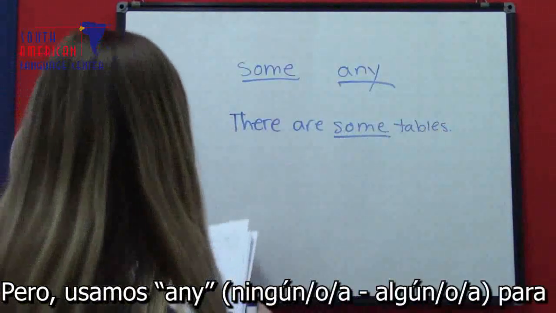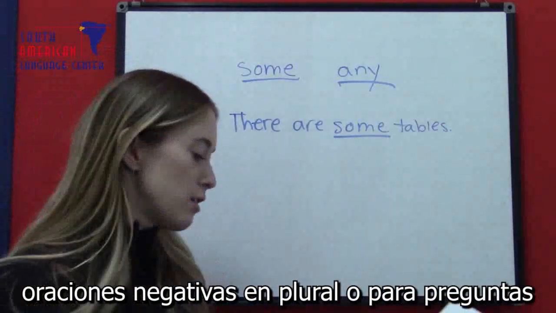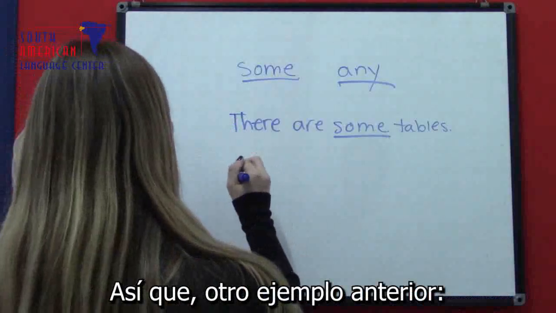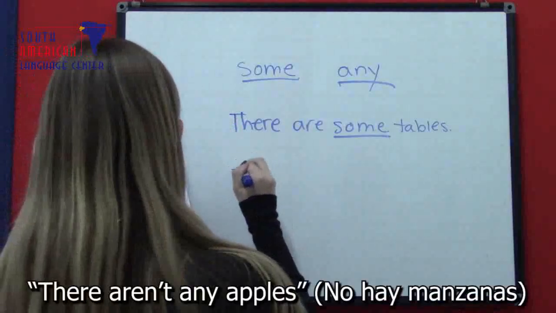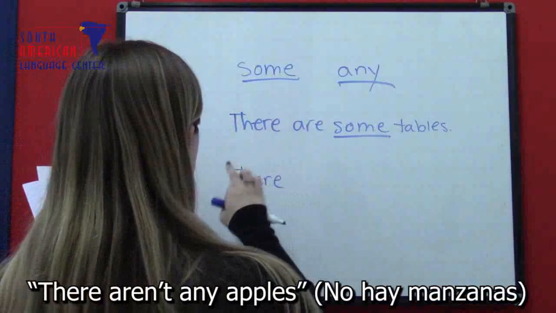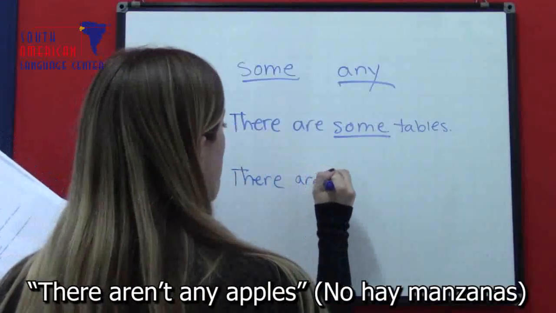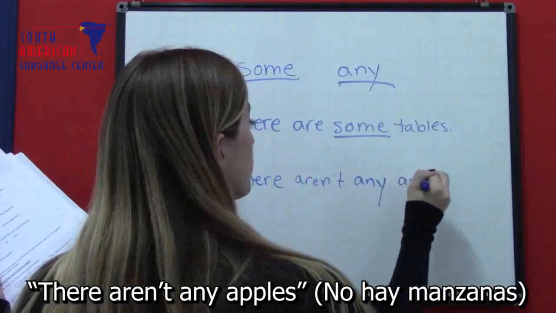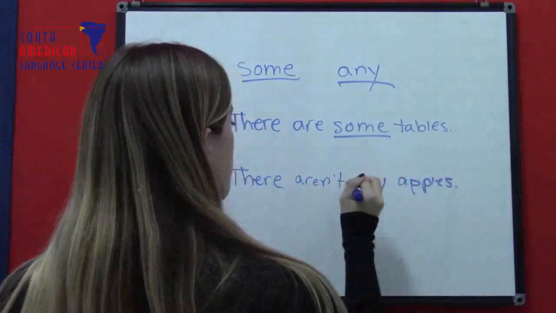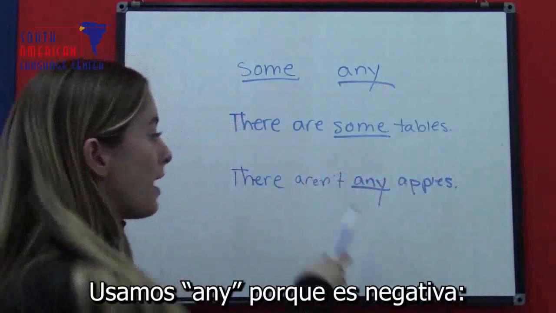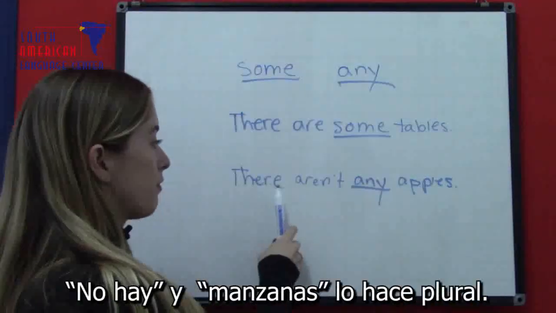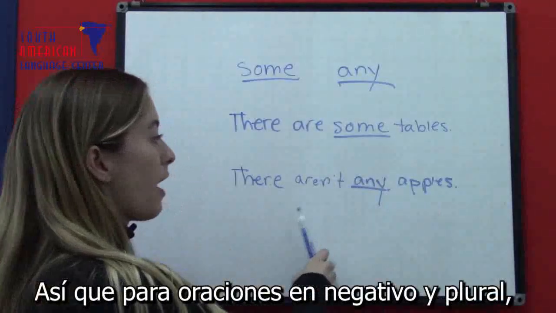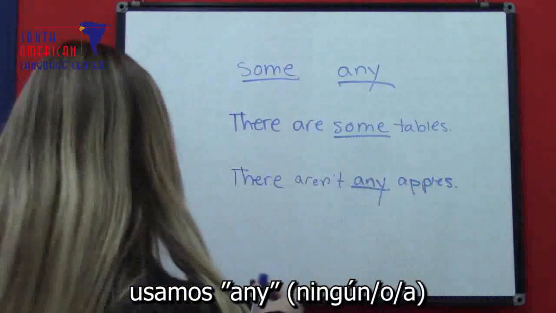But we use any for negative plural sentences or for questions. So another example from before. There aren't any apples. We use any because it's negative, there are not, and apples makes it plural. So for negative and plural sentences, we use any.